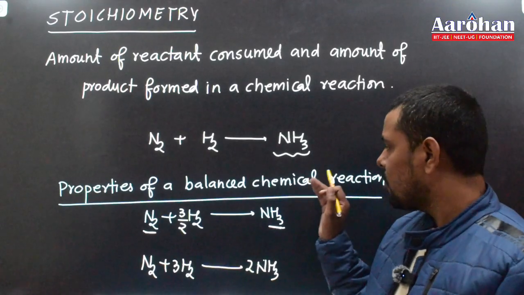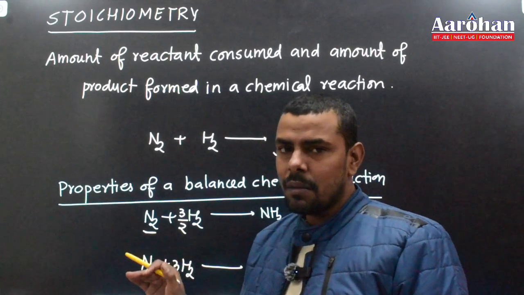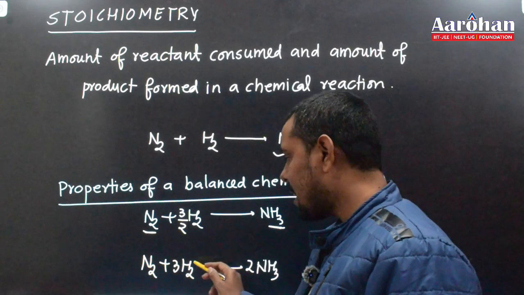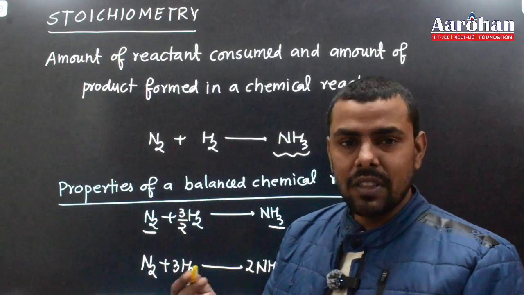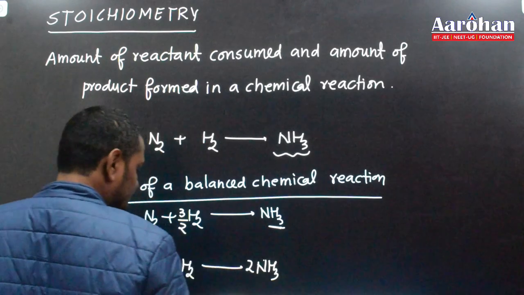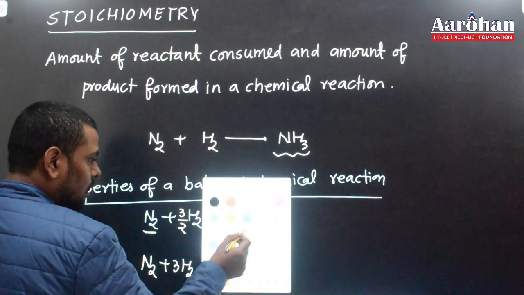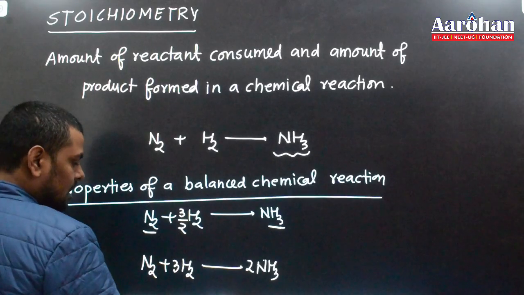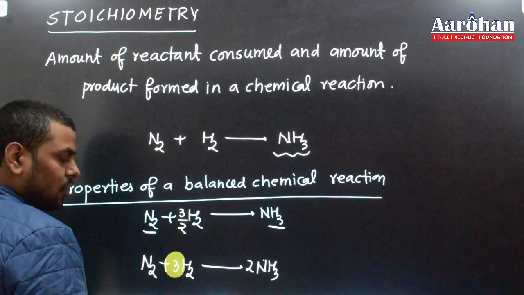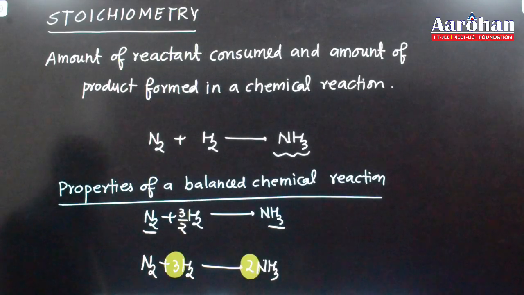So what is the property of a balanced chemical reaction? First property is, in a balanced chemical reaction, the number that appears before reactant and product is called coefficient or stoichiometric coefficient. What does it mean? It means the number which appears before reactant and product. This is our reactant N2. So this number is the coefficient of H2, and this 2 is the coefficient of ammonia.